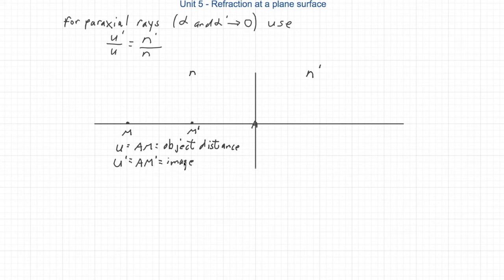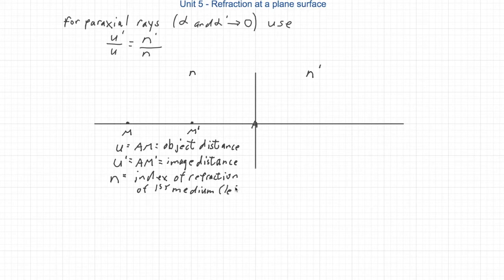It's the image distance, also going from right to left, also a negative number. n is the index of refraction of the medium on the left. Remember, we send light in from left to right, so it's the first medium that the light passes through. And n prime is the index of refraction of the second medium, the medium on the right.